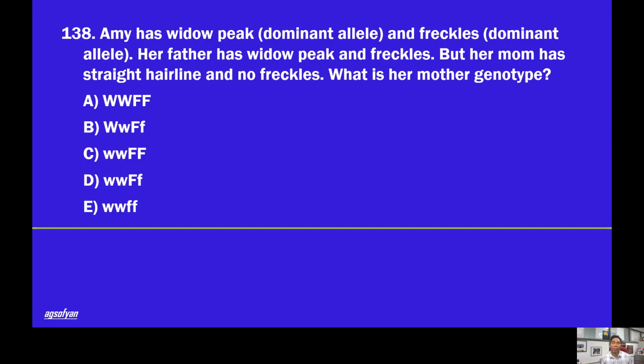Choose your answer from the choices. It's going to be easy, because widow's peak is dominant, so straight hairline will be recessive, two lowercase w. And freckles is dominant, so no freckles will be two lowercase f. So the mother's genotype will be wwff, all lowercase.